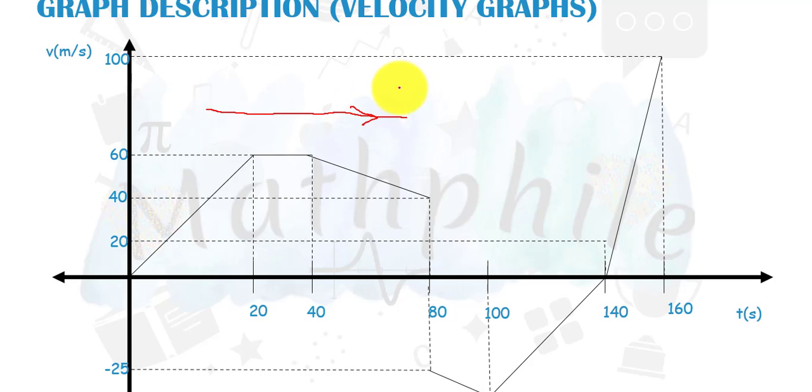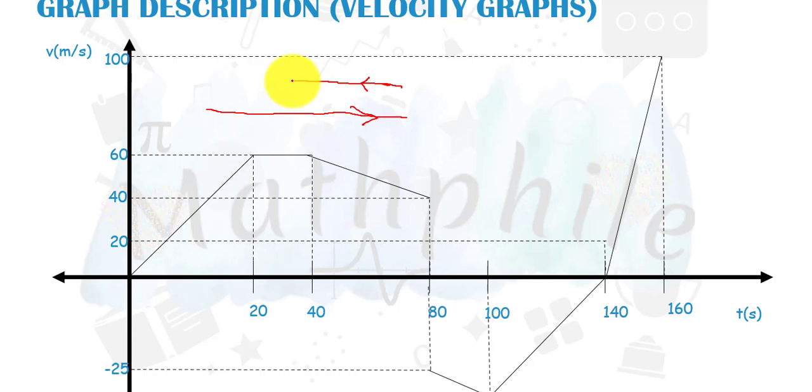At this side there was a swift change of direction and it started going backwards, accelerating in the opposite direction. Then after that, it decelerated in the opposite direction for 40 seconds.